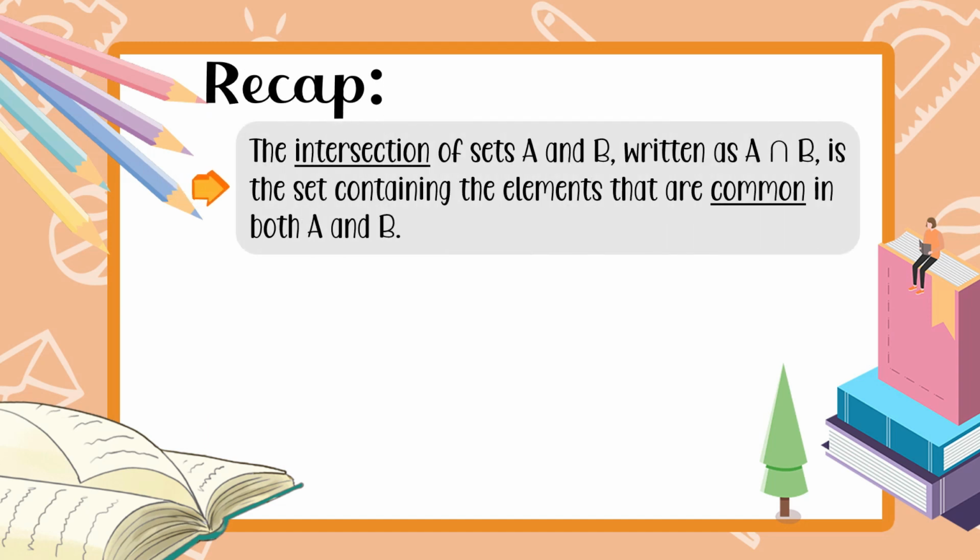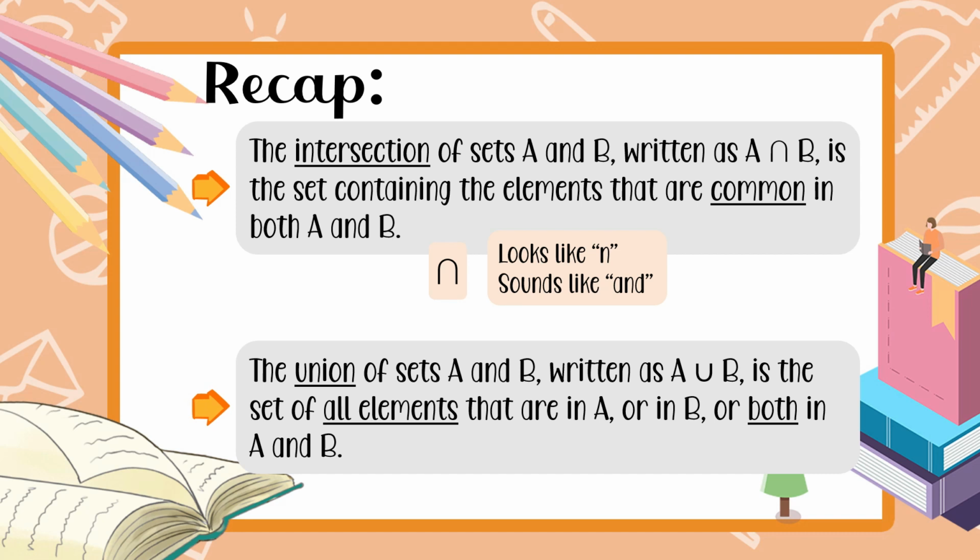The intersection of set A, written as A intersection B, is the set containing the elements that are common in both A and B. So the symbol for intersection looks like N, sounds like AND.